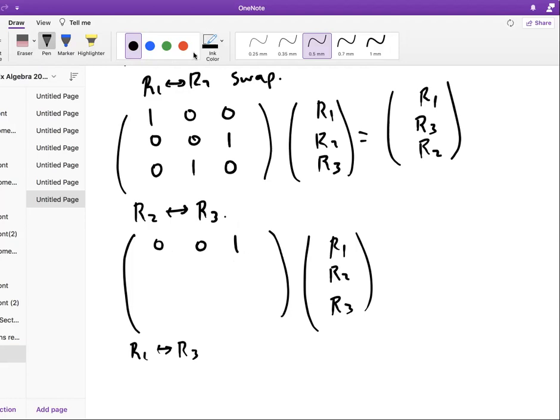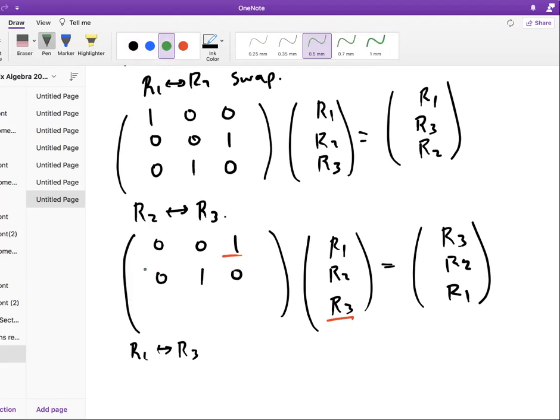So this gives the row 3. Then what's the second? Yeah, it's 0, 1, 0. And it should look like identity, right? This is what the identity would look like, since nothing changes. And then I have 1, 0, 0, because I want the 1 and the 1.